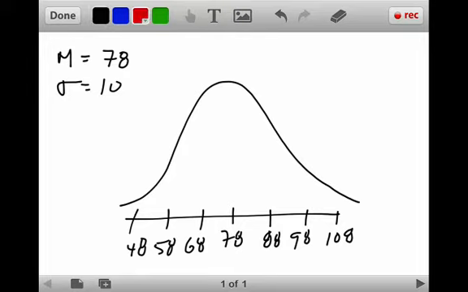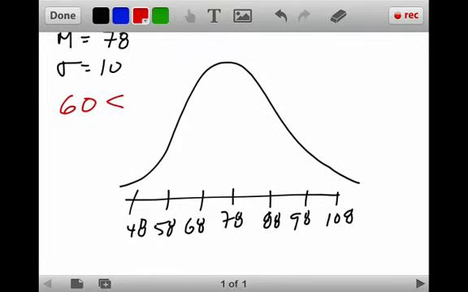We are interested in finding the probability that one student will get a score of 60 or less. The first thing that we will do is locate the score of 60 on the graph here. Really we want to estimate the probability or the proportion to the left, this area of the curve. What we are looking at right now is the normal distribution.